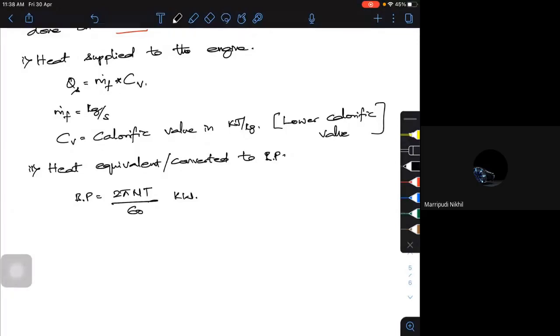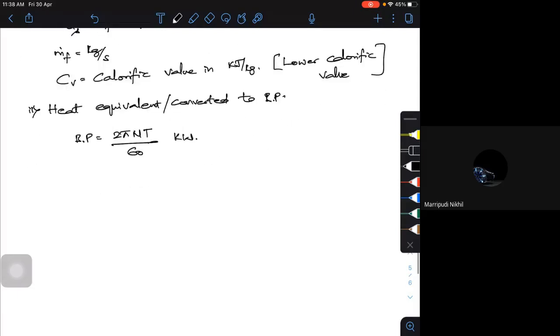Okay, then I told you that if there is a calorimeter, using that I am trying to find the heat that is taken away by the exhaust gases.